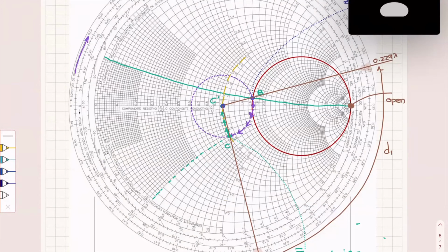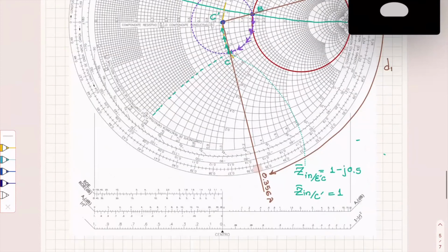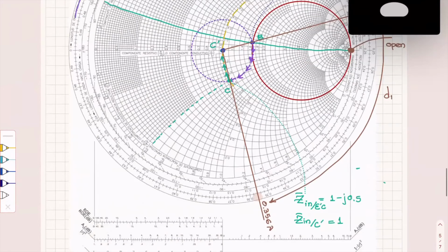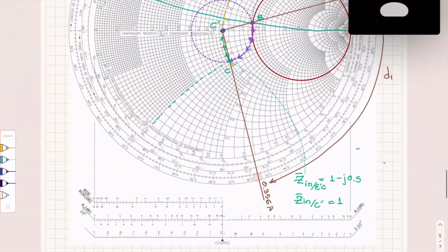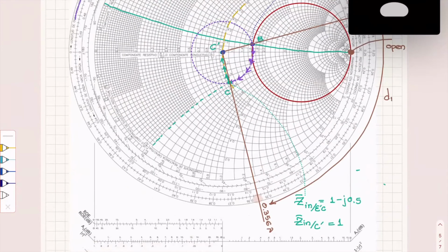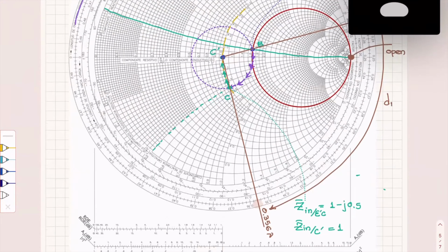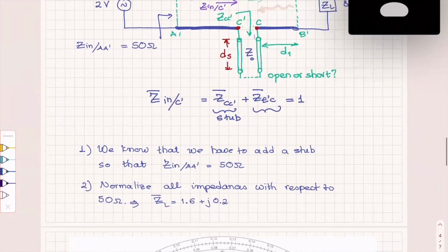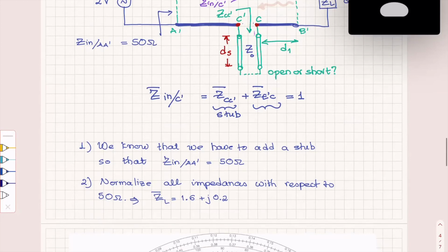To be able then to find the length of the stub, you remember what we said? We needed to go from z at E prime C to z input at C prime to be 1 normalized.